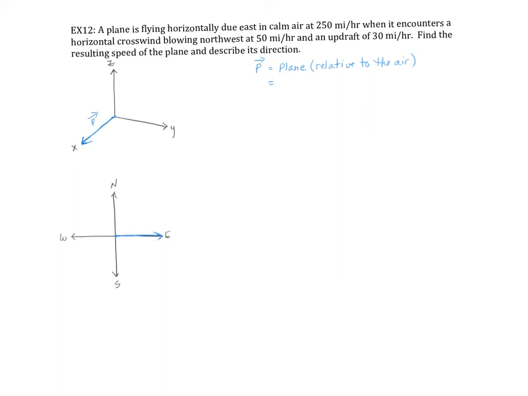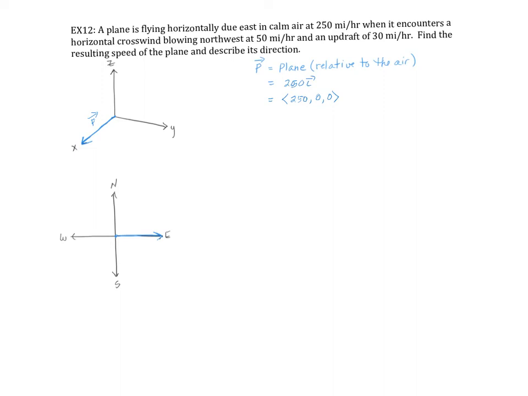So it's going to be 250i. And then remember that you can always write the vector in vector notation with the vector brackets, which would be 250, comma 0, comma 0. And it doesn't matter to me which notation you use.